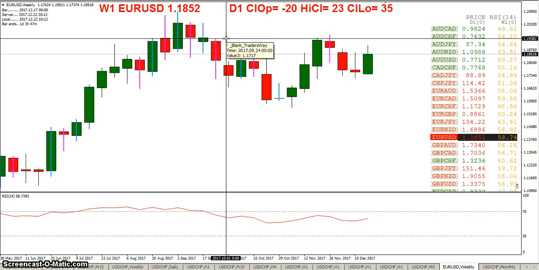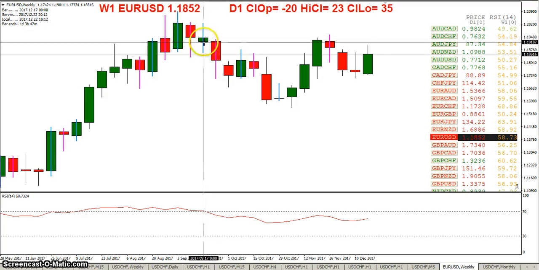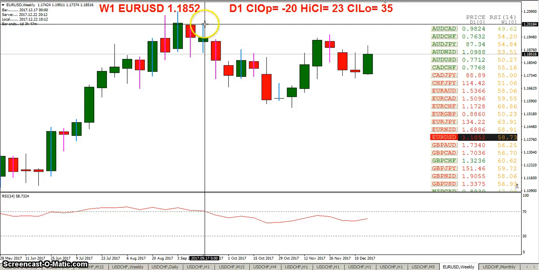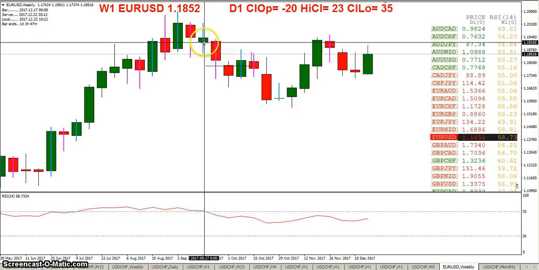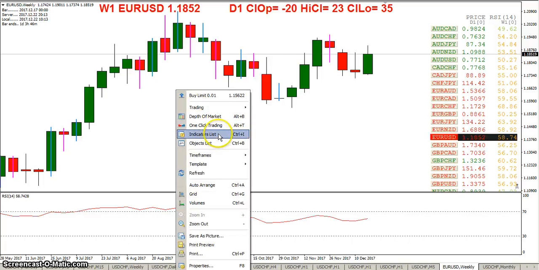So right here, okay, if you would have jumped in right at the open, you would have taken some heat if you really wanted to jump in at the open, or if you played the price action. But we're looking at the weekly, and I don't know if anybody would want to trade the weekly using the RSI, but you could. But once again, if you see these turn trades, that's the clue. That's how you use it.